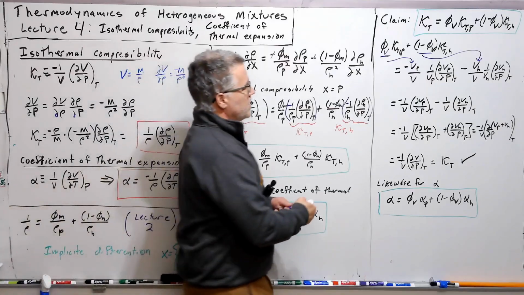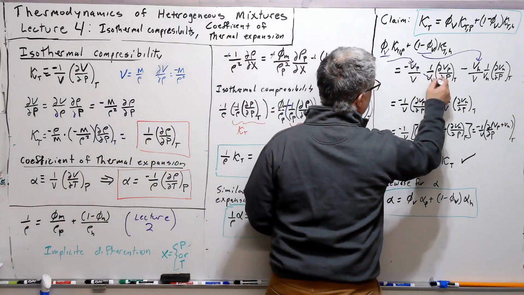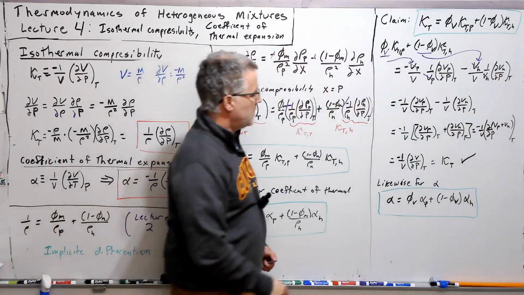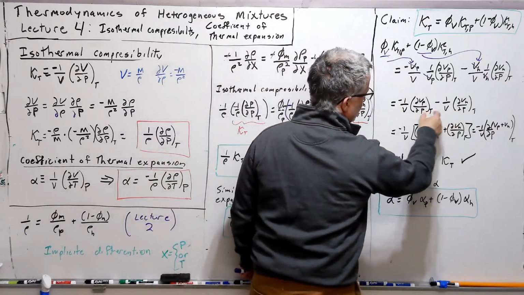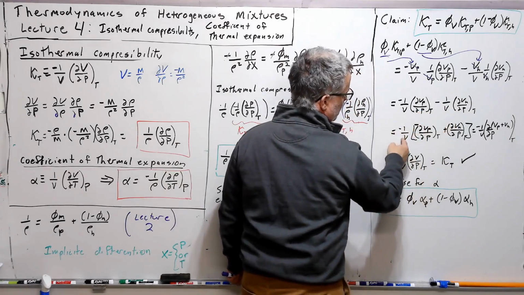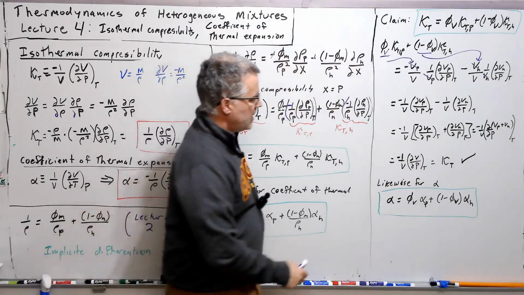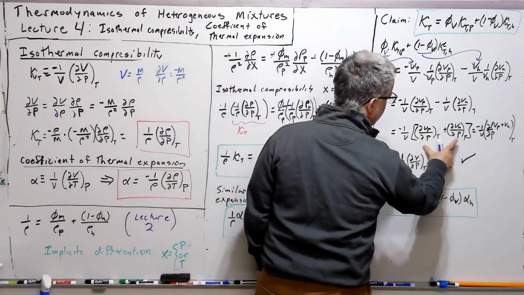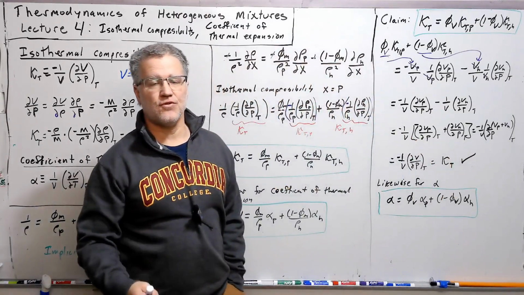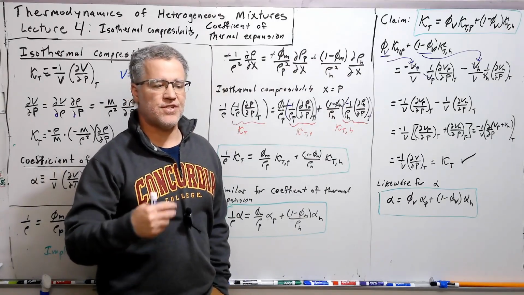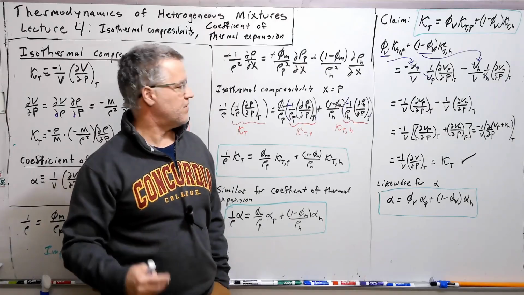So what we see here is a cancellation, and we're left with this. Now let's pull out a minus 1 over V, and then we see we have these two derivatives. We have the sum of the derivatives, but a derivative is a linear operator, so the derivative of a sum is the sum of the derivatives.